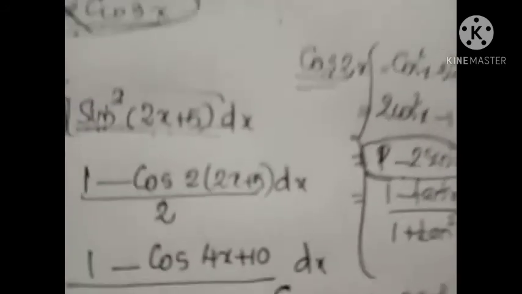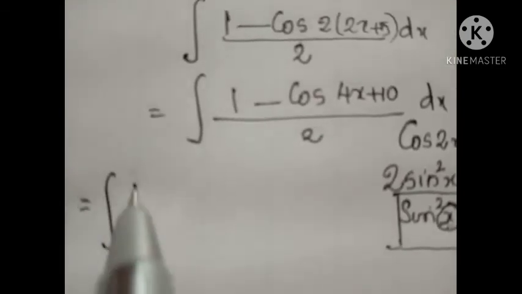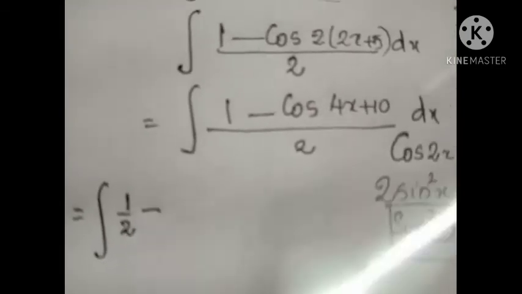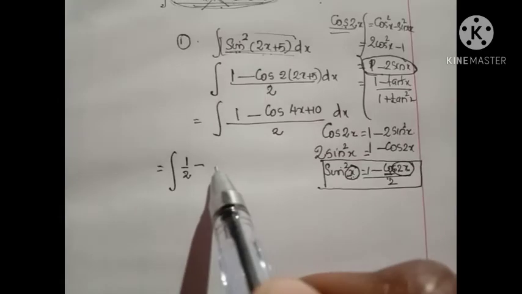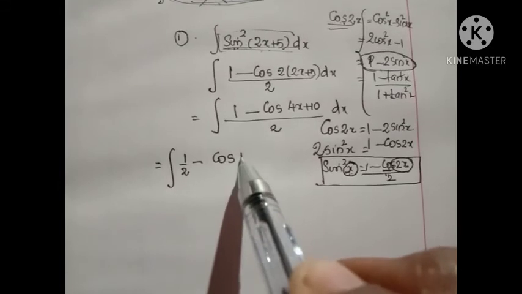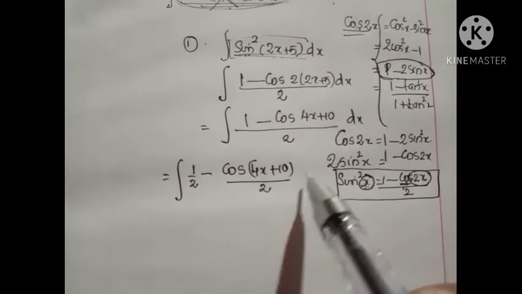Now separate. It is equal to integral of 1 by 2 minus (cos (4x plus 10)) by 2 dx.